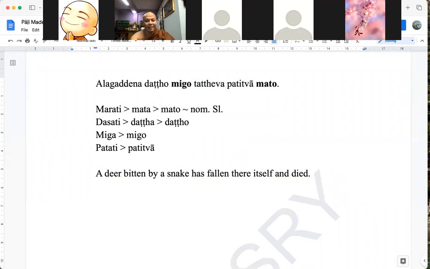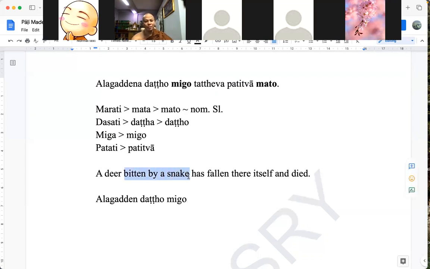Again, repeat. A deer which was bitten by the snake has fallen there itself and died.